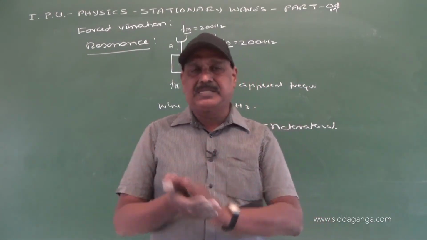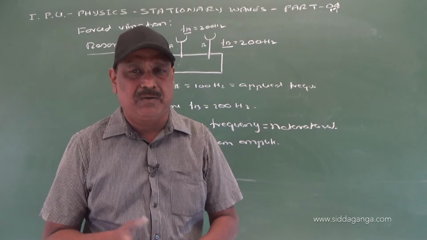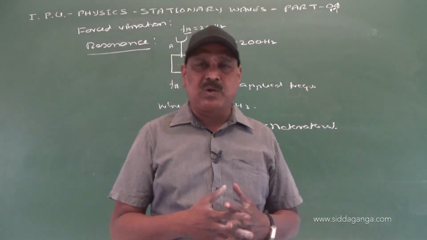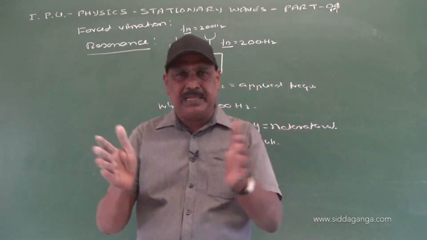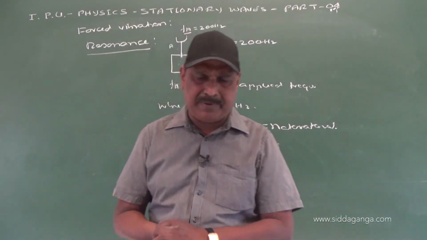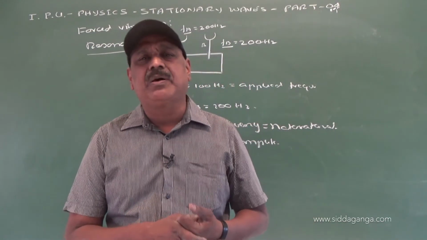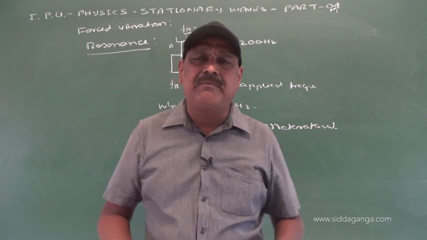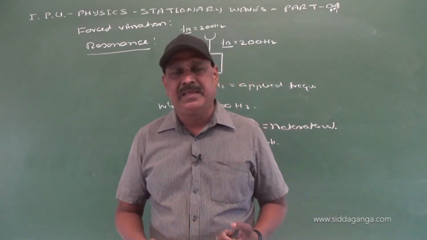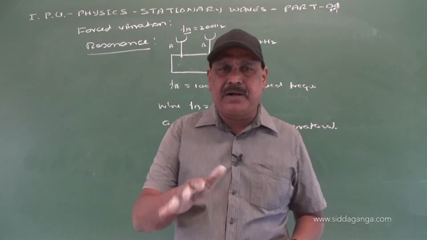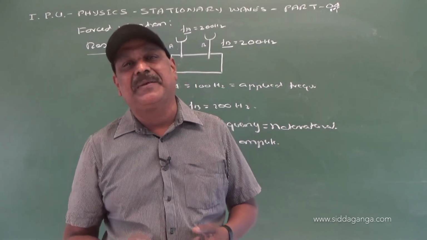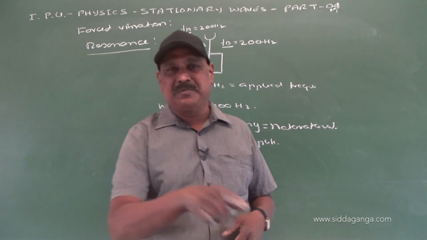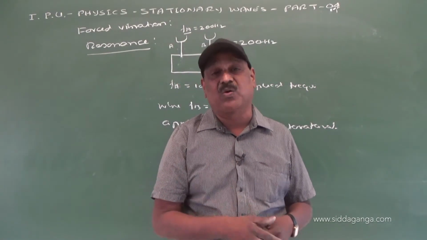Now this principle of resonance is used in two experiments. One is the Sonometer experiment and the other one is the resonance column experiment. Sometimes you might have observed that when we are riding a cycle at a particular speed, the mudguard appears to be vibrating, right? It is because of the applied force.